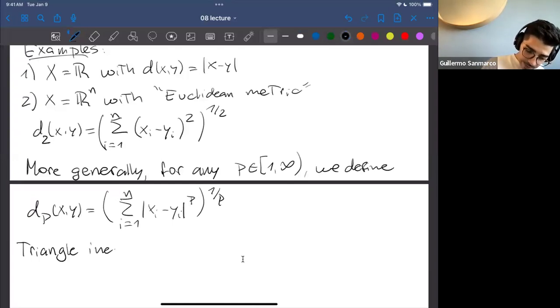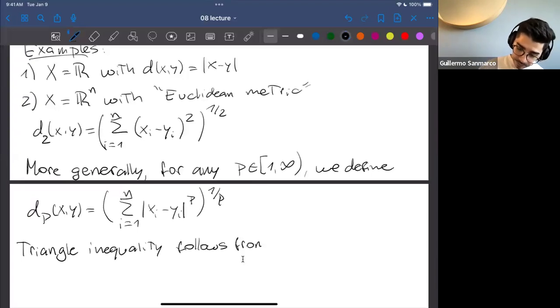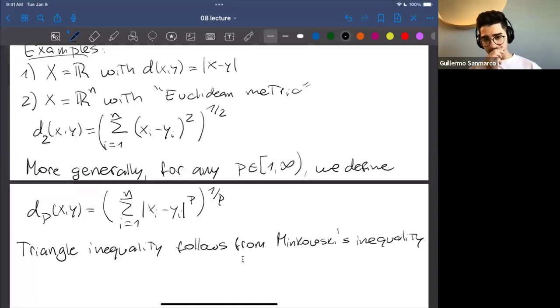But in this p case, this follows from something called Minkowski's inequality. That's an analysis result, but we don't need to focus too much on why that's true. I'm just telling you the triangle inequality works here, and this is the reason why it works.